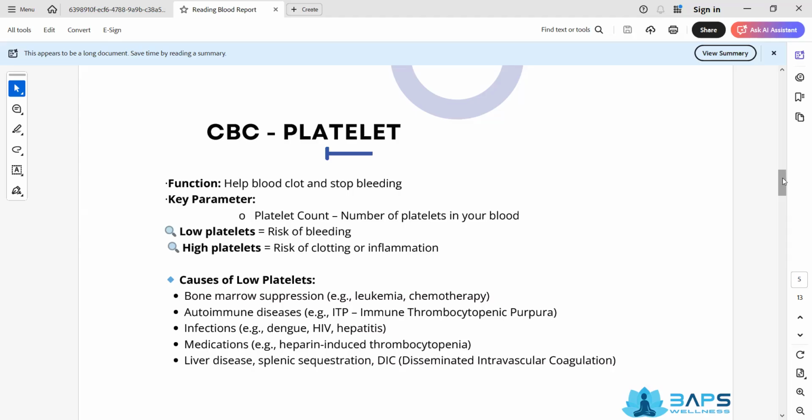Wherever bleeding of any nature is there, it combines with so many other enzymes and hormones and other things, like thrombin, prothrombin, vitamin K, so many other activities happening there, and it forms the web and plugs and closes the area of bleeding so that the blood loss is minimized or stopped.